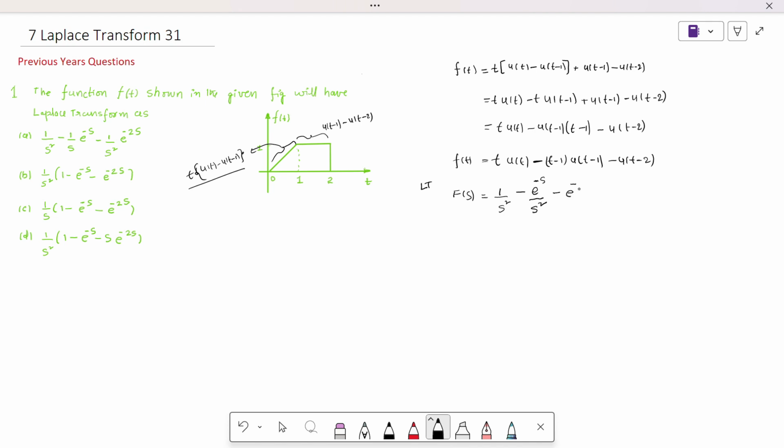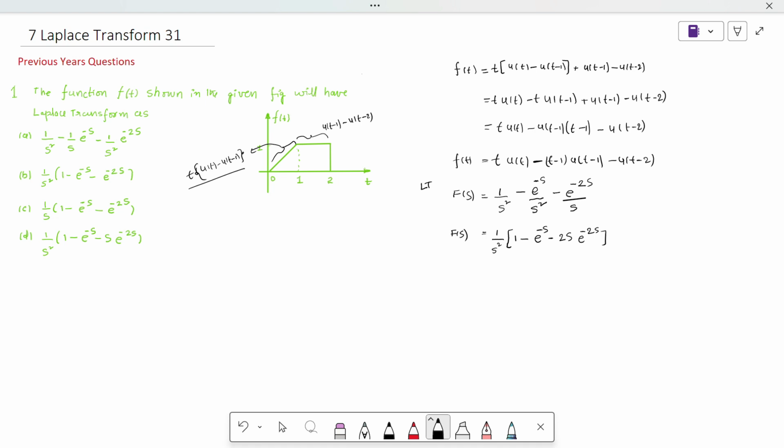So e power minus s into t naught with t naught equal to 2, e power minus 2s. Unit step Laplace transform equals 1 by s. Take 1 by s square as common, 1 by s square into 1 minus e power minus s minus e power minus 2s. So this is the F of s.